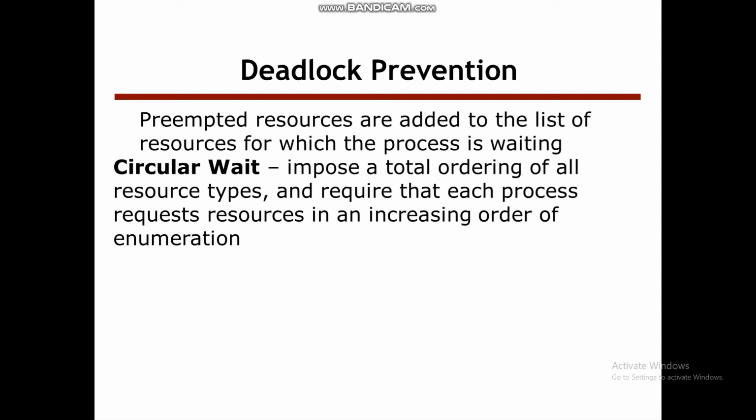That is, a process requests an instance of resource type Rj only after it has released a resource Ri such that Ri is greater than Rj. Then, in such situations, circular wait conditions cannot hold good. These are all the preventive measures which can be taken for deadlock.